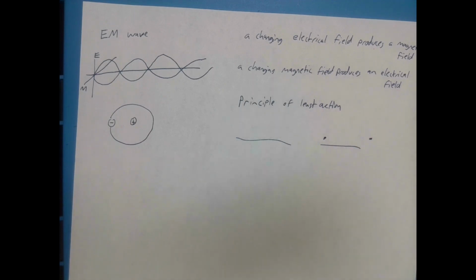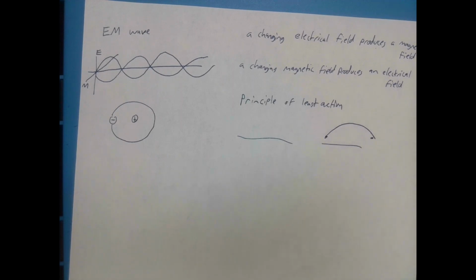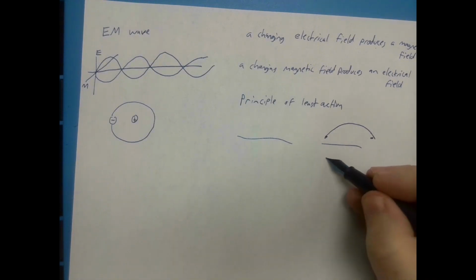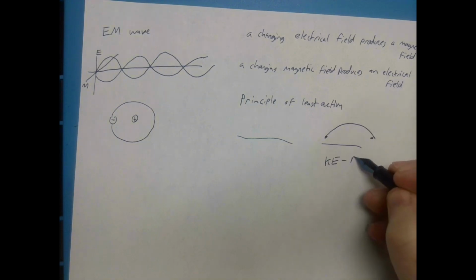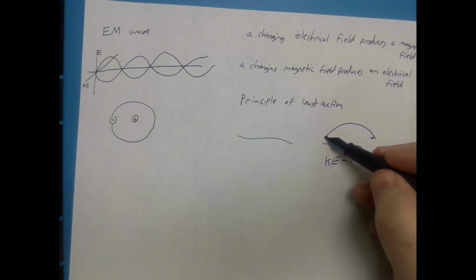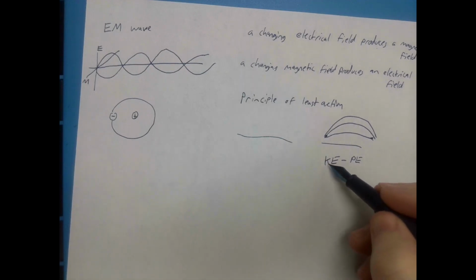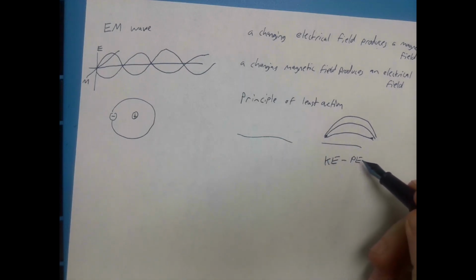Now, we could say it follows the laws of kinematics, F equals ma, and then gravitational forces, and work it out like that, and we can figure out that the path is going to be a parabola. We could also say that the ball randomly chooses the path that minimizes the kinetic energy minus the potential energy. It just randomly chooses this path for no reason. So it looks at all possible paths it could take, and just happens to choose the one that has the smallest KE minus PE value.